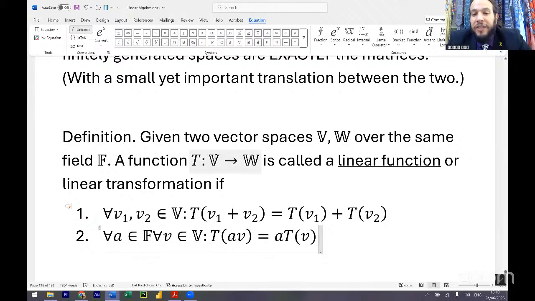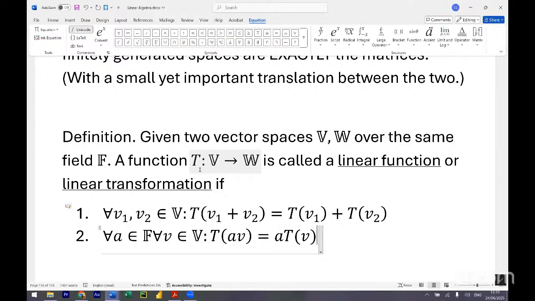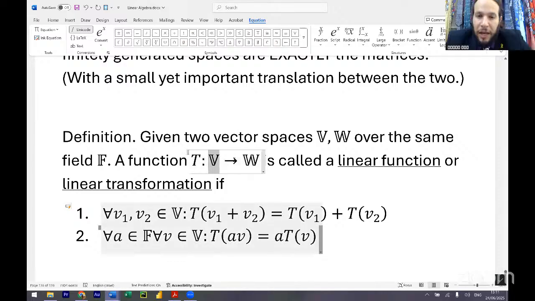And what is the domain and what is the range of this function? Simply put, what goes in and what goes out of this function? It's from V to W. Okay. So again, what comes in and what comes out in a single word? What type of things are within these sets?